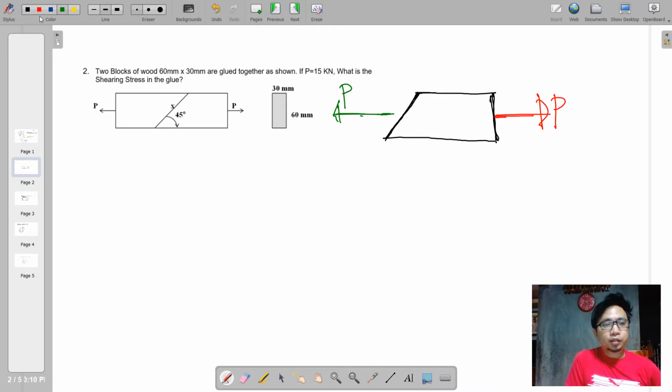So by definition, tangential force is a force tangent to the surface. So this is the surface, so we're going to have a tangential force here.